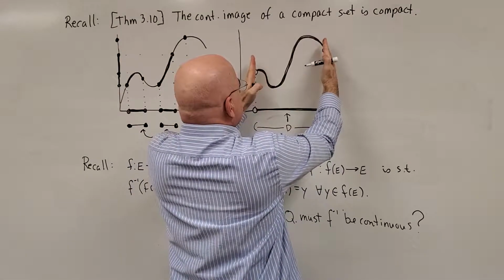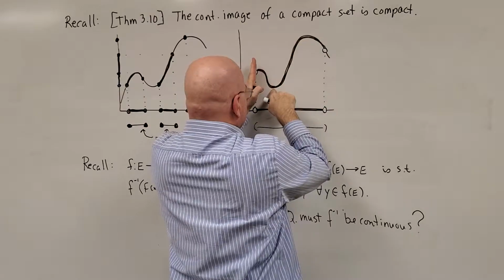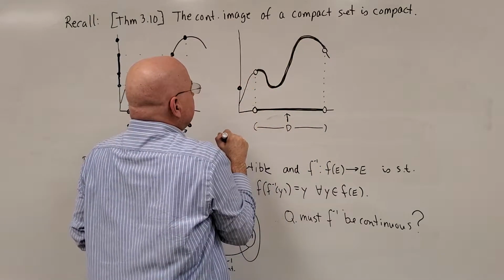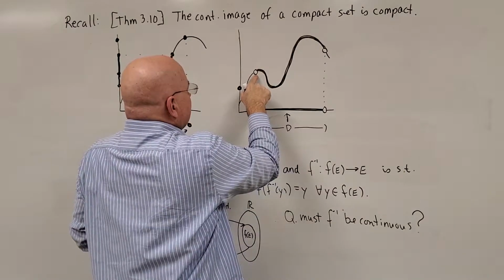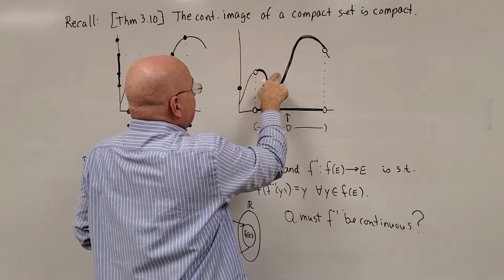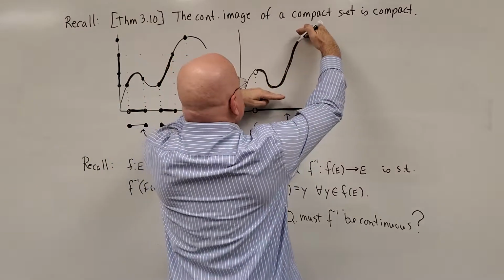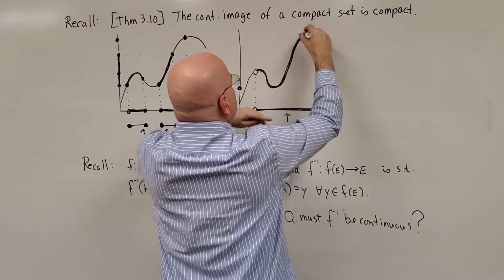So what is the lowest point? The minimum point would be that right there. And even though this point is not part of the graph, this one is, so it's covered. We've got all of the possible heights from here to here covered.